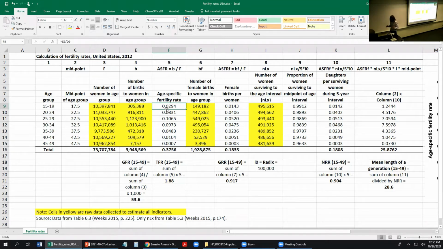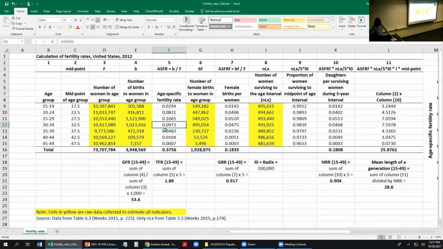And we do the same for all the other groups, and we see that the highest rates are for women between 25 and 29, and it's still high for women between 30 and 34, and then it starts to decline again. With that information, age-specific fertility rates, we can calculate the total fertility rate. We just add up these age-specific fertility rates and multiply by 5.